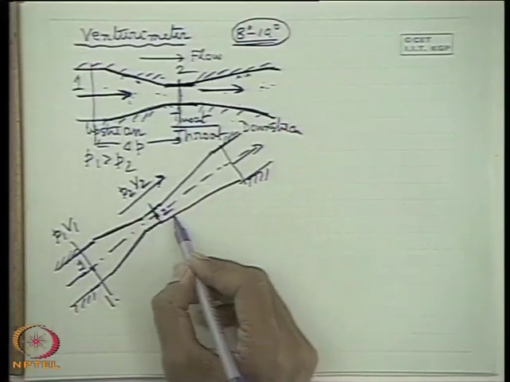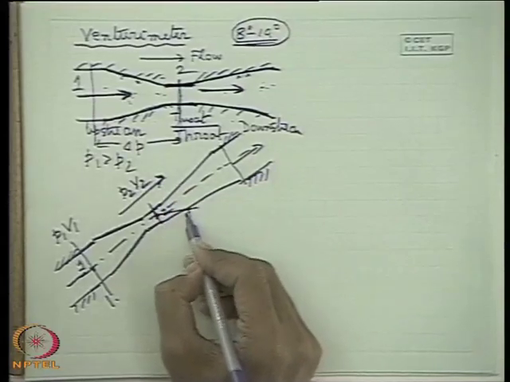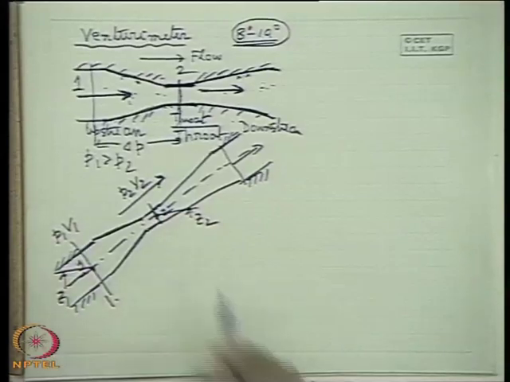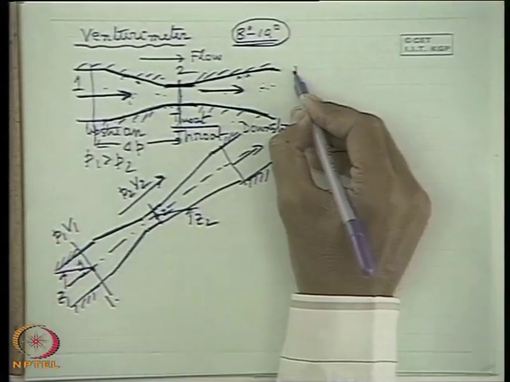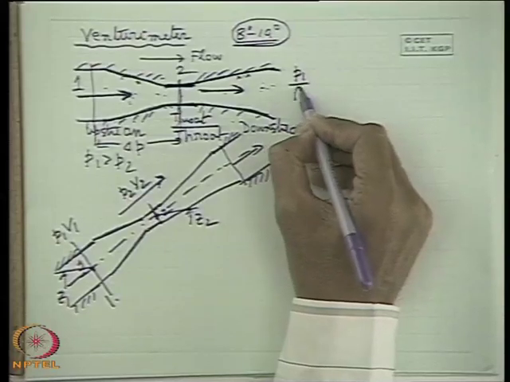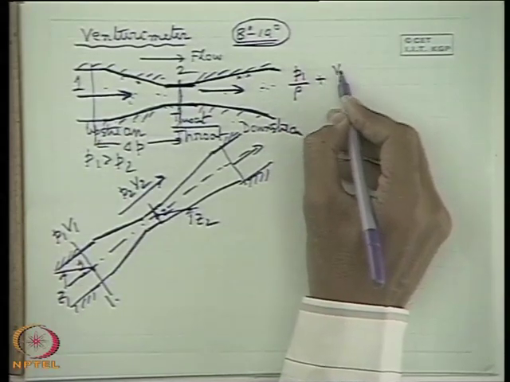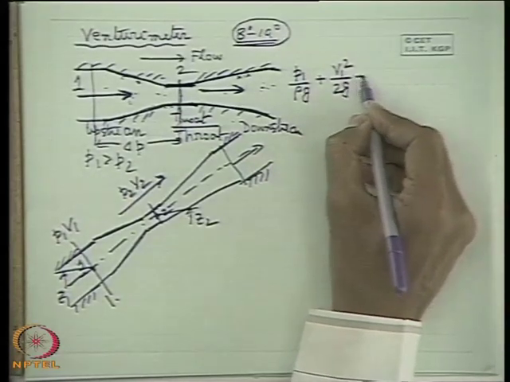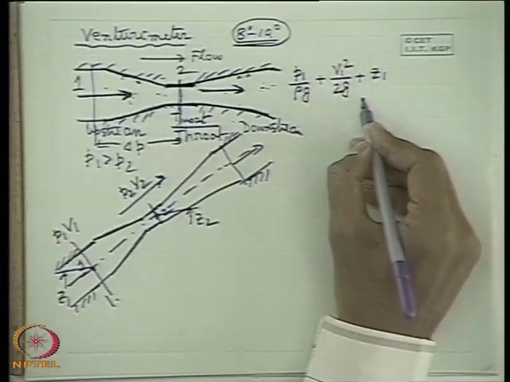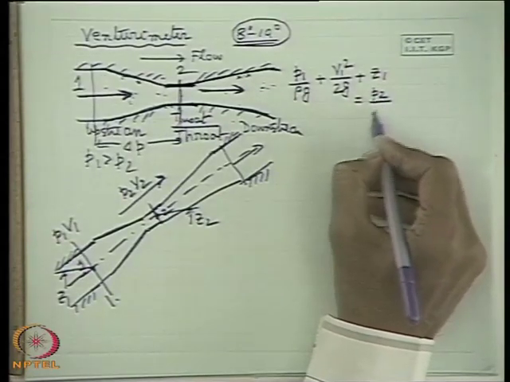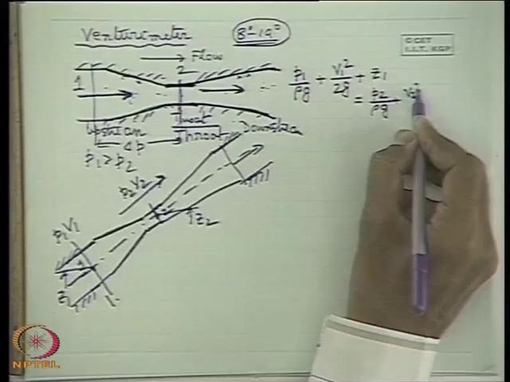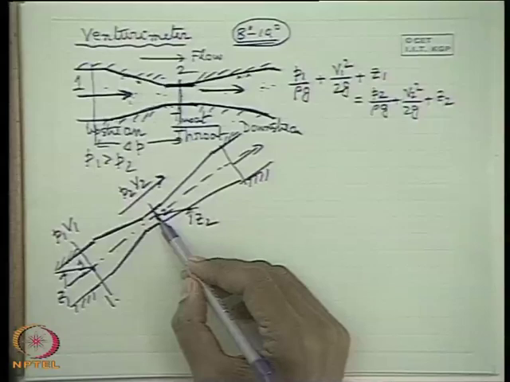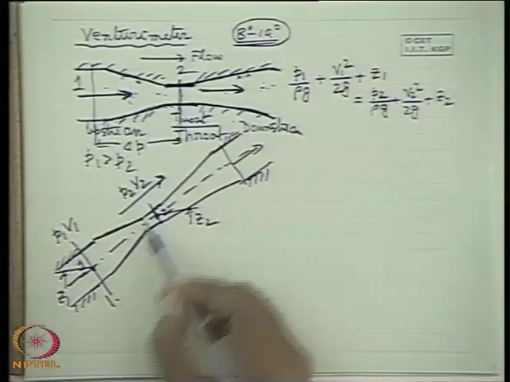And if we consider Z1 and Z2 as the elevation heads from any reference datum, then I can write Bernoulli's equation in terms of head: P1 by rho g plus V1 square by 2g plus Z1, considering the inviscid fluid, equals P2 by rho g plus V2 square by 2g plus Z2, without any loss.